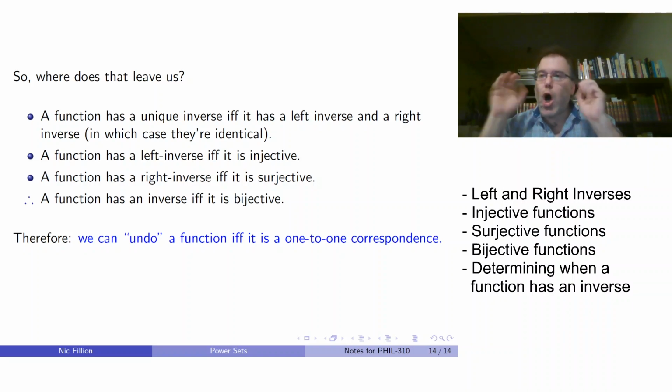Okay, so what that tells us is that there is only one type of circumstance when we can undo what a function f does fully, right? And we can only do so if f is a one-to-one correspondence, a bijection. If f is not a one-to-one correspondence, then we cannot undo what f does with a function. That's an interesting thing.